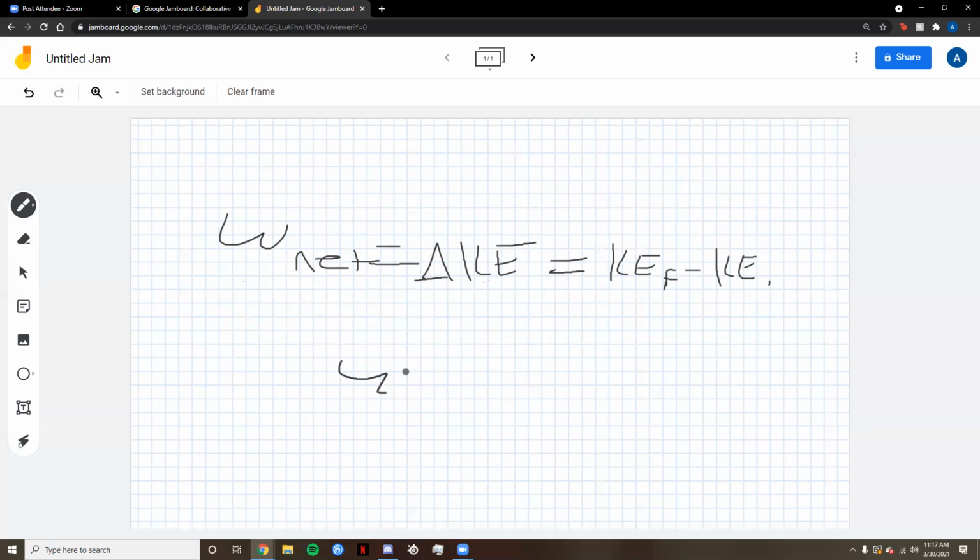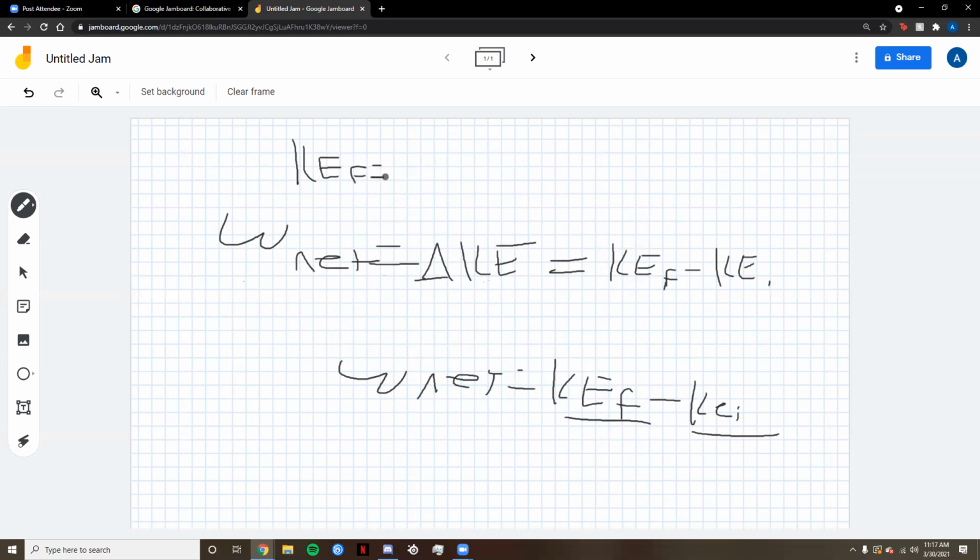So Wnet equals the final kinetic energy minus the initial kinetic energy, and to find them we would use this formula.